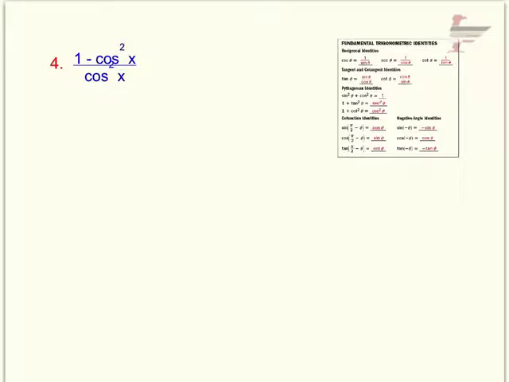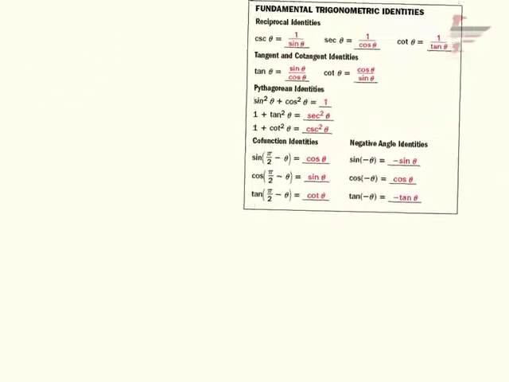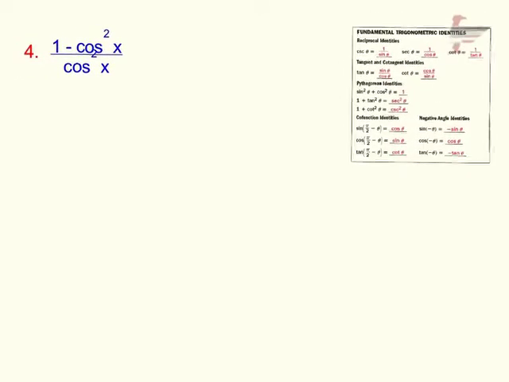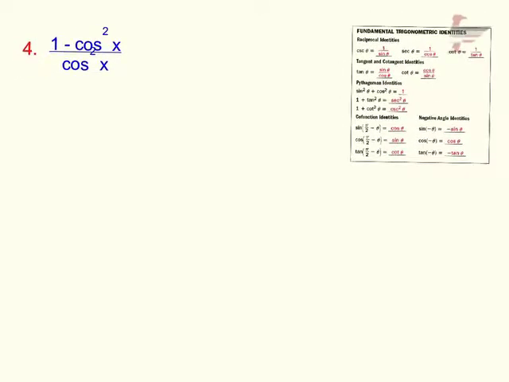All right, so this one, you have 1 minus cosine squared x divided by cosine squared x. These are both squares in case you can't see it. I got a little squished. So again, I have squares, so thinking Pythagorean over here. Sine squared plus cosine squared equals 1. If I rearrange that, solve it for sine squared, I'm going to subtract the cosine squared over.